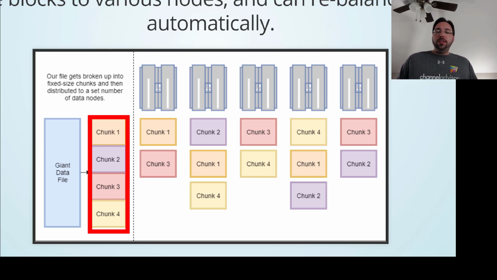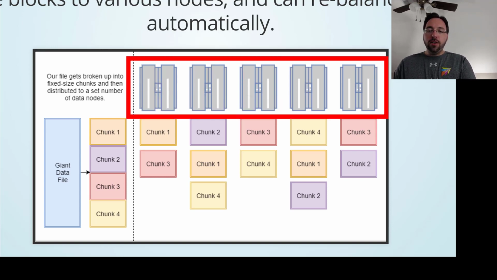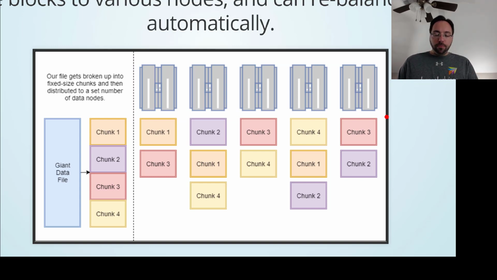What then happens is that those chunks get allocated to each of our data nodes. So I have 5 data nodes in my example. And there's an algorithm that will push chunks of data out to different nodes.